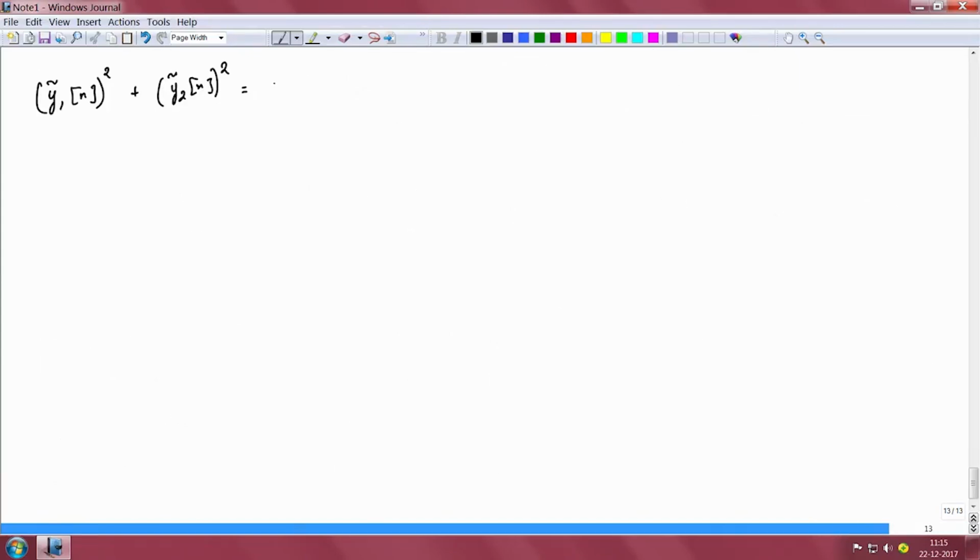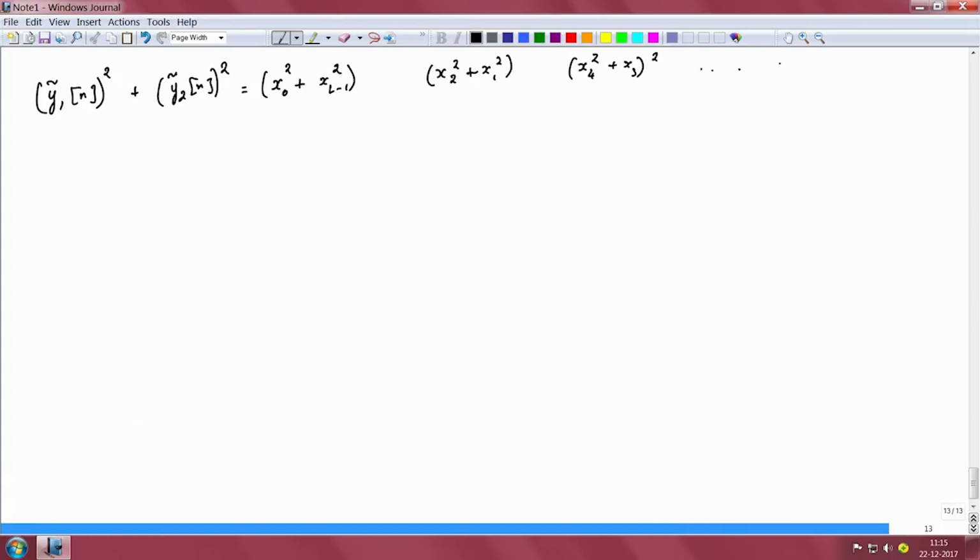So, you will have x naught square plus x L minus 1 square, and the next term is going to be x2 square plus x1 square, and the next term is going to be x4 square plus x3 square.